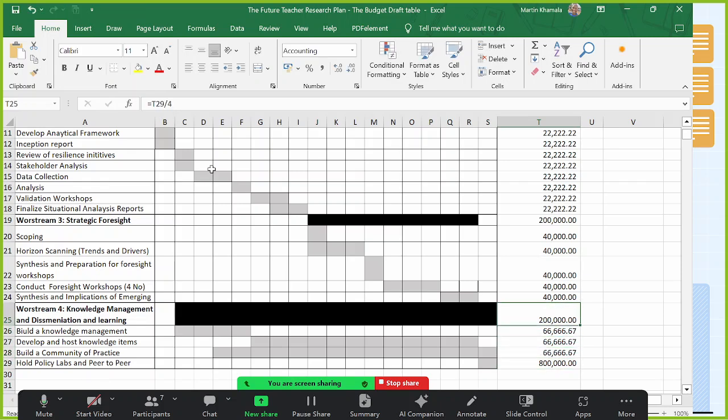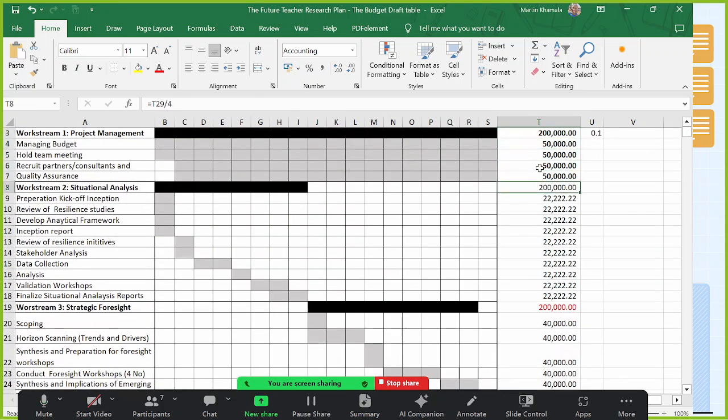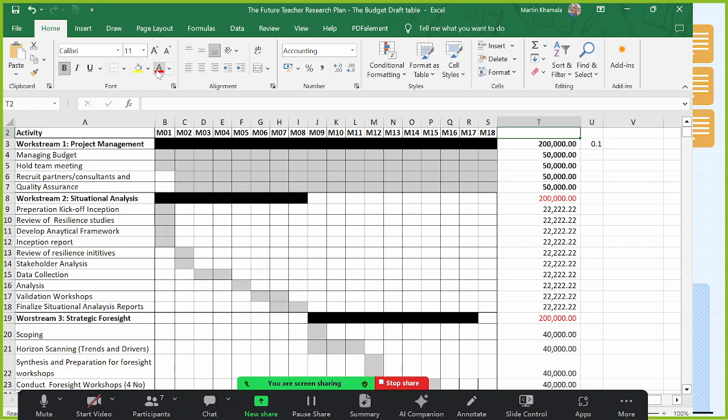But would it not have been easier to just, I'm not too sure why, because to me it would be easier to say these are the activities, how many days are there? First of all, we say for each activity how many days it will take. Then we assign the days to each partner.